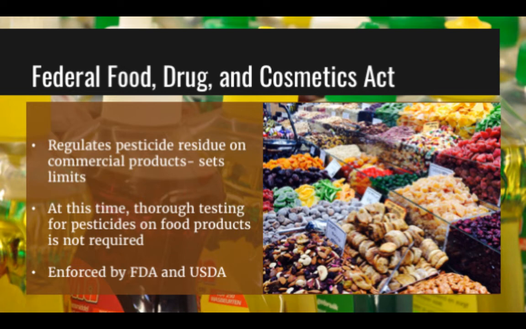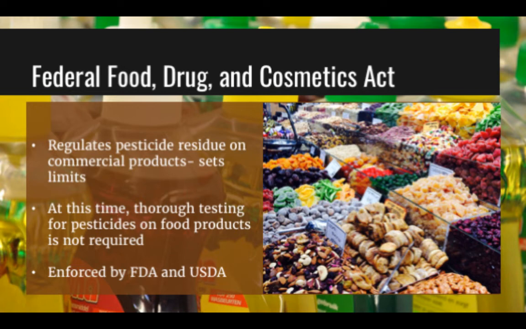In setting tolerances, EPA must make a finding that the tolerance is safe. Safe is defined as meaning that there is a reasonable certainty that no harm will result from aggregate exposure to the pesticide residue.